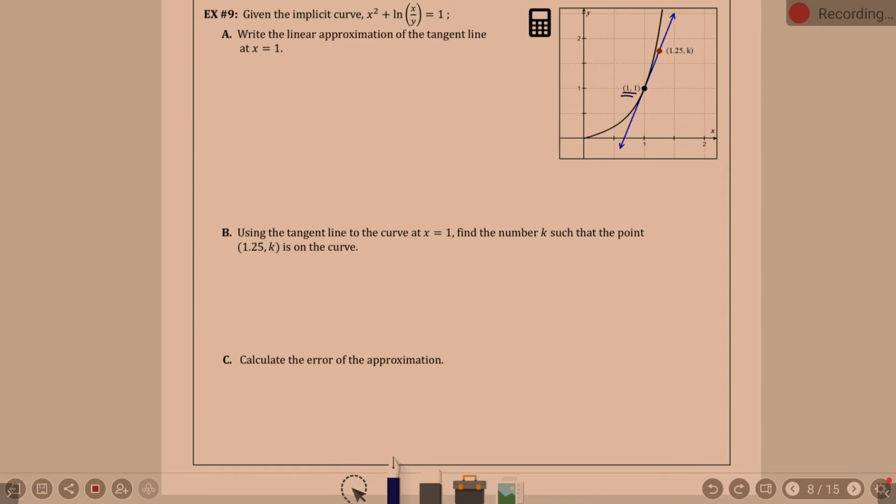Last year, before I looked at the way she does her notes, I would have done the derivative of 2x, the derivative of natural log of this, and then I would have had to multiply by the quotient rule. However, what I like better before we derive is x squared plus, how can you break up a natural log of a quotient? This is the natural log of x minus the natural log of y.